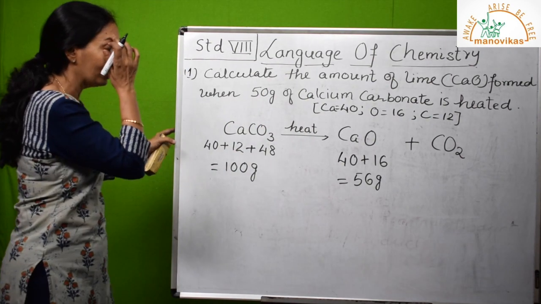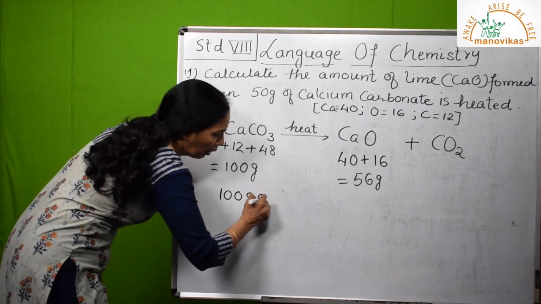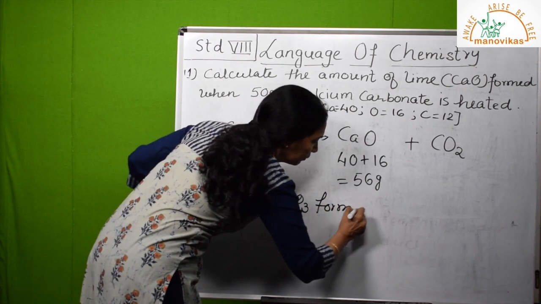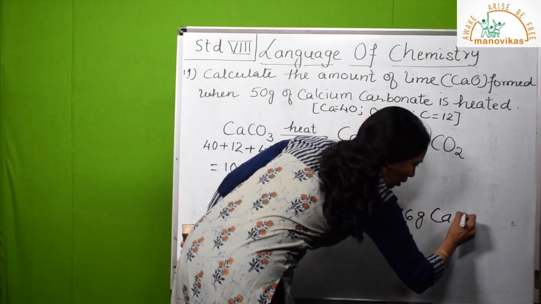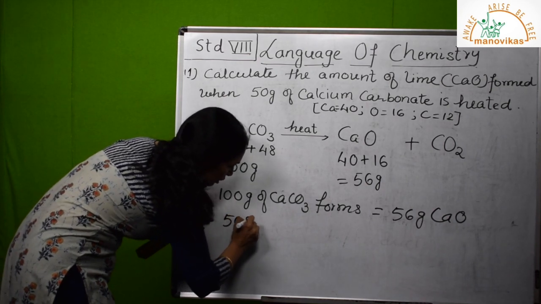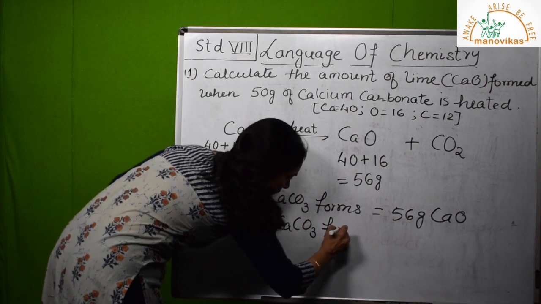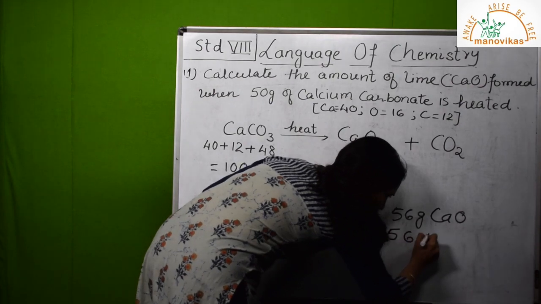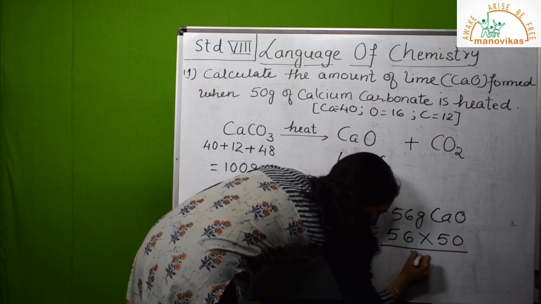So we will write the statement for this. 100 grams of calcium carbonate forms 56 grams of calcium oxide. Therefore, 50 grams of CaCO3 will form how much? 56 into 50 upon 100.